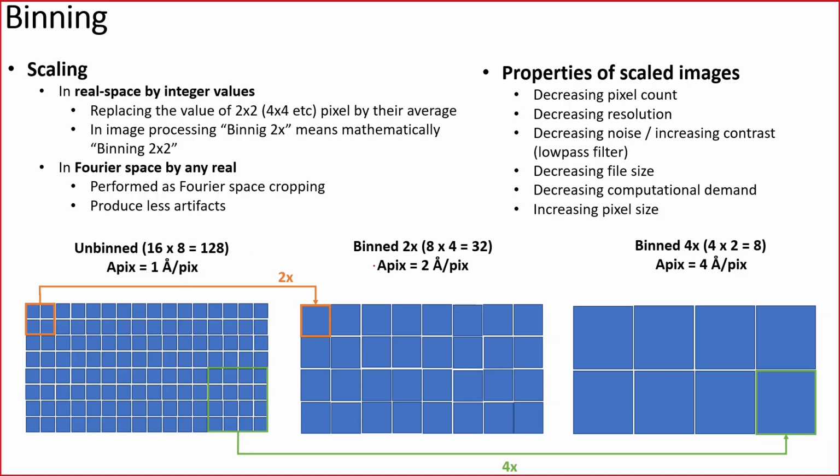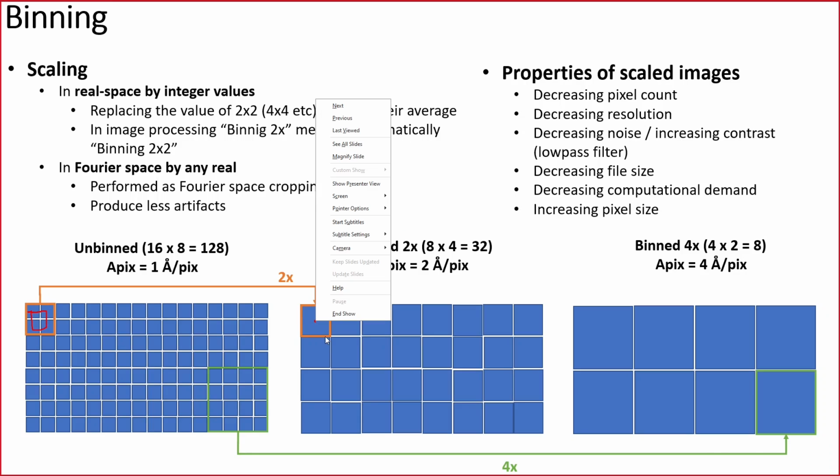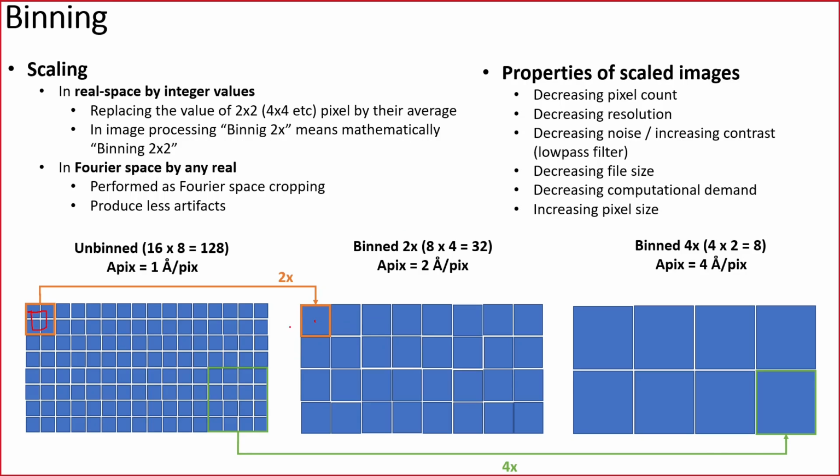So if we have a binning of 2, then we are taking 2 by 2 pixels, averaging them, and putting it into a single pixel. What this will make is that we will not 2 times decrease the amount of pixels, we will 4 times decrease the amount of pixels, because we will decrease the amount of pixels 2 times in the x direction and 2 times in the y direction.